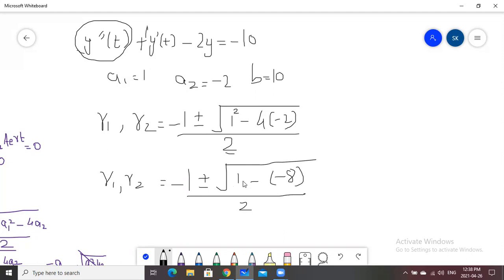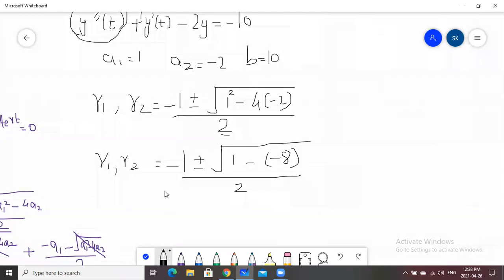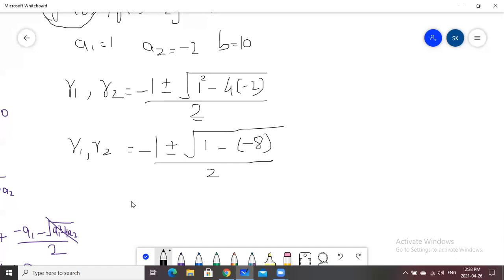If the value of A1 square is greater than 4A2, then the result of this whole solution will yield two distinct roots which are also real numbers. Now 1 minus minus is equal to plus, so therefore 1 plus 8 is 9.